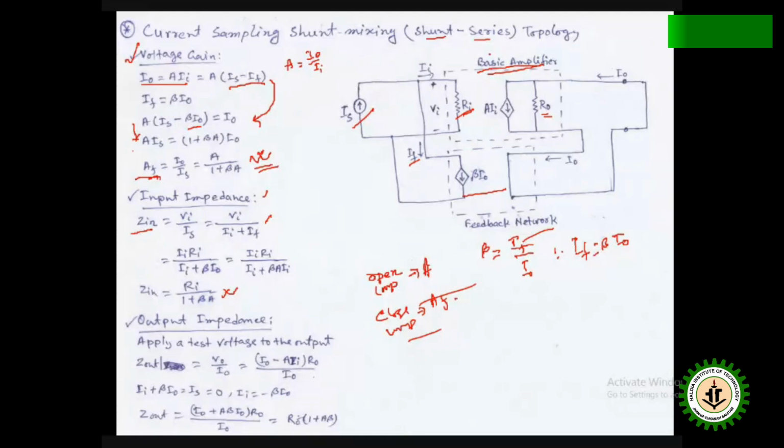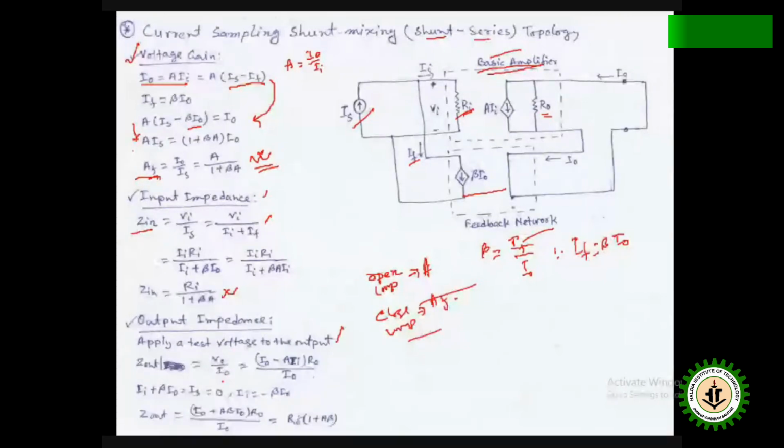Similarly, in case of output impedance, apply a test voltage to the output. Z out means output impedance is equal to V naught by I naught.